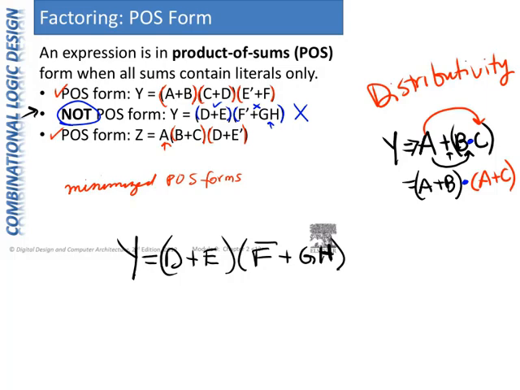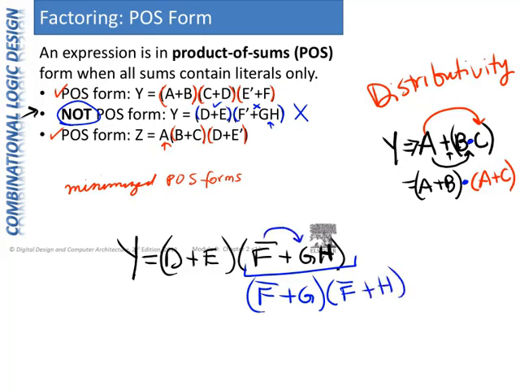I can take that term, F bar or G and H, and turn that into F bar or G and F bar or H. And then I don't forget to bring down my other term, D or E. And now it is in POS form, minimized POS form.